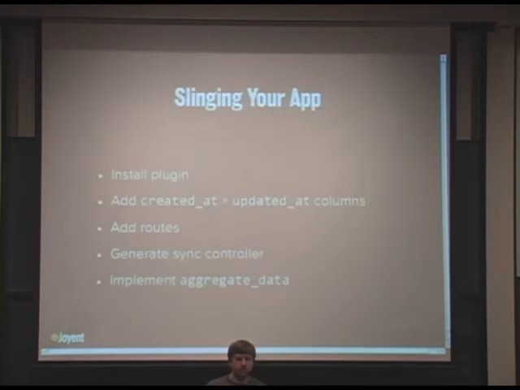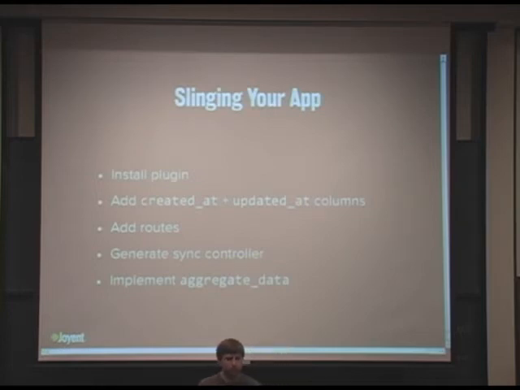So what do you actually need to do to get your application slung? Install a plugin, just normally. All of the tables which you want to synchronize need to have created_at and updated_at columns. If it's created_on, that's just the date, so it needs to be the actual date-time timestamp. You can just do that in a migration. Add routes. I'll show you what that is in a second.